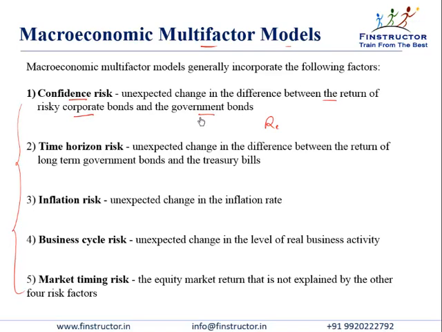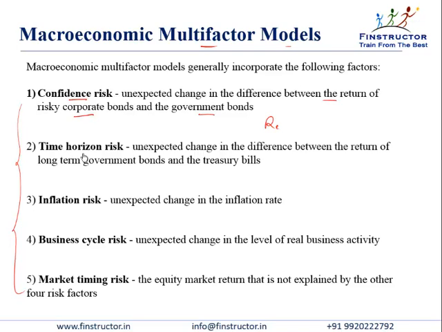So credit spreads may increase, or the yields on corporate bonds may increase if the confidence in the economy is not very good. So if the confidence in the economy goes down, then the value of equities again goes down. So that's the risk I'm taking. I should be compensated for this risk.